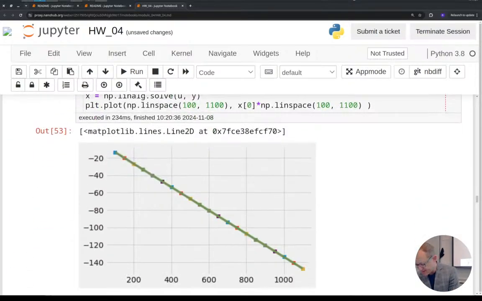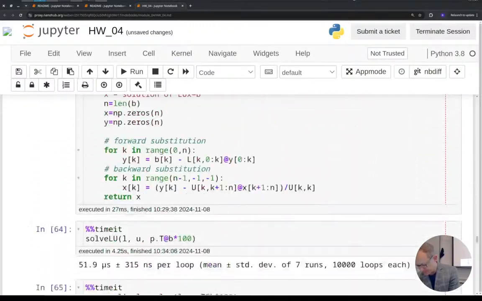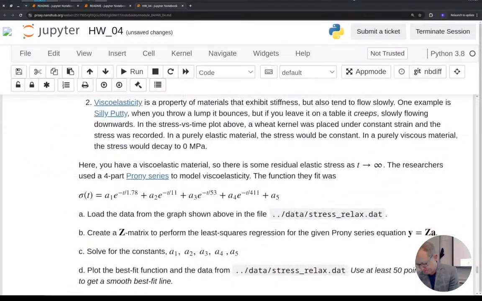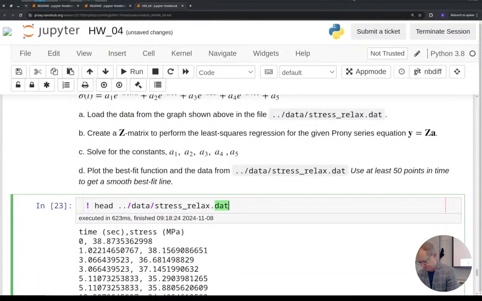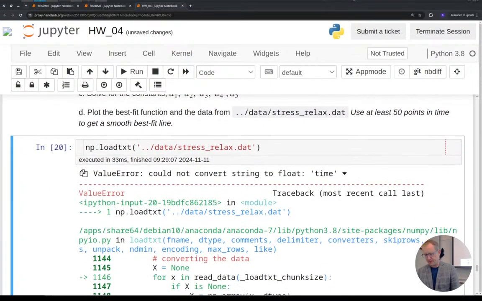All right, so the last other thing that was coming up was, as we're trying to load in some data, whenever I tell NumPy, hey, take a look at this, load in that text, it tells me, hey, I don't know what you want me to do with this value of time?